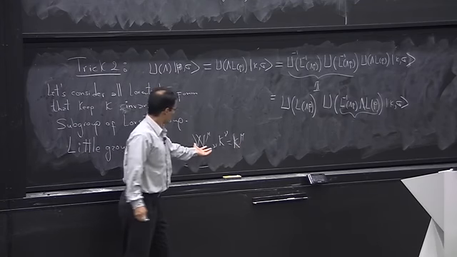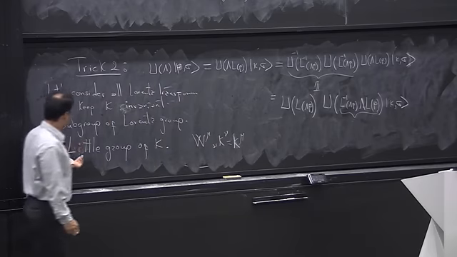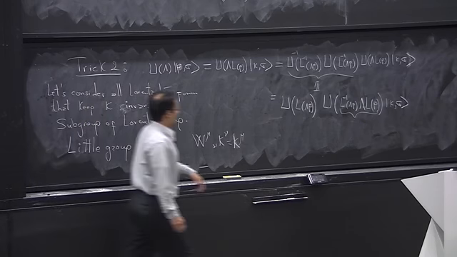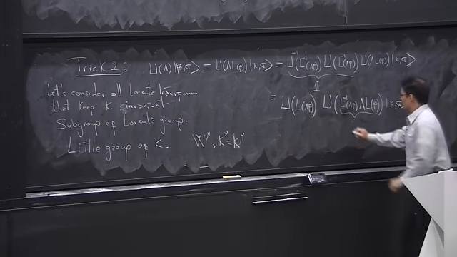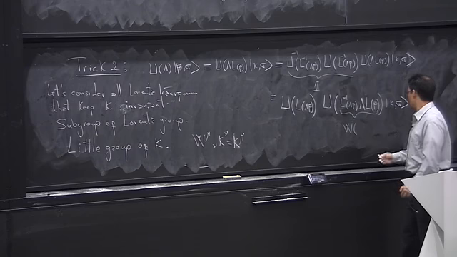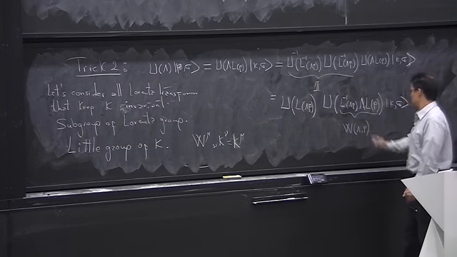So all W's, which are Lorentz transformations, which leave k invariant, form a subgroup, and that subgroup is called the Little group of k. Therefore, this object over here is nothing but an element of the Little group, which we can label by lambda and p.